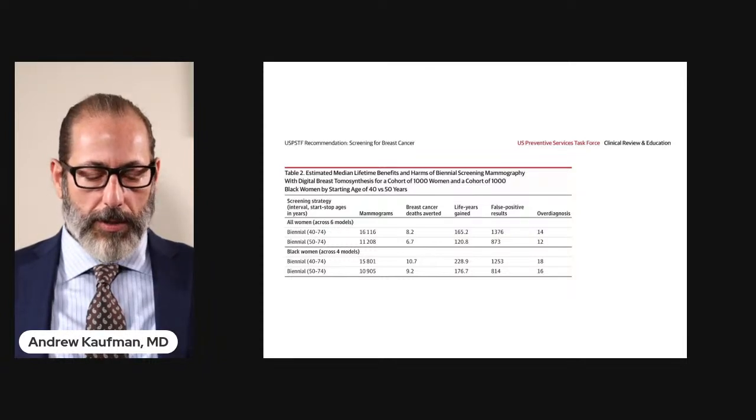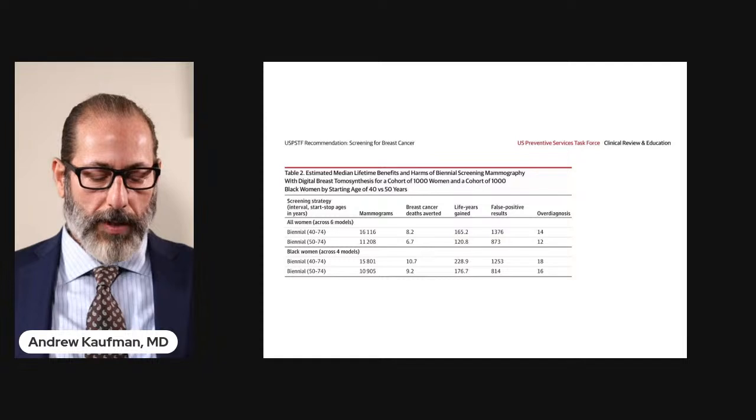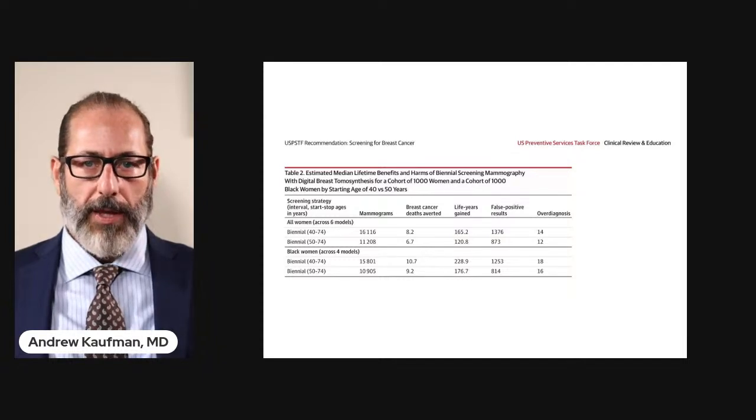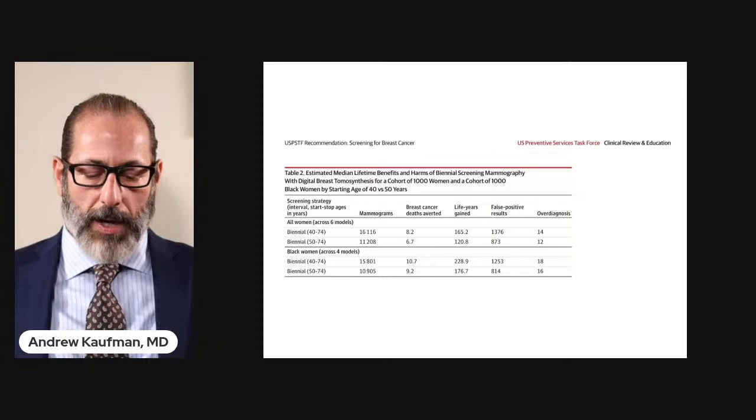And I want to look clearly at the results here. Now, they claim that it actually prevented some breast cancer deaths, 8, 6, 10, and 9.2. Okay, out of 1,000, these are each out of 1,000 women.